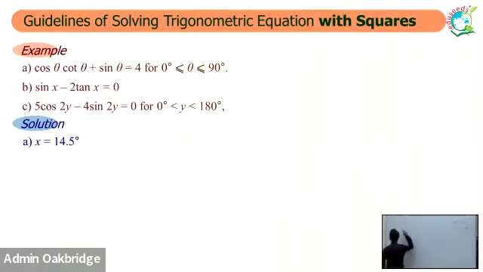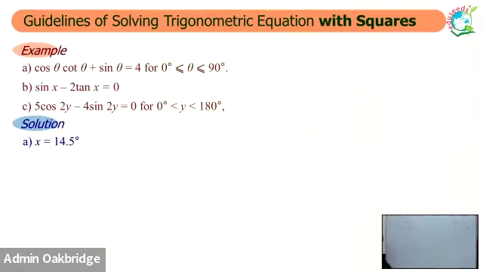So this one: sine x minus 2 tangent x equals 0. Again, you didn't see any square. So what should you do? When you see tangent, we always want to change the tangent to sine x over cos x.